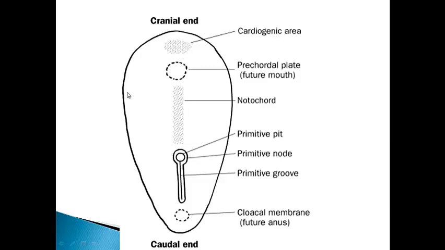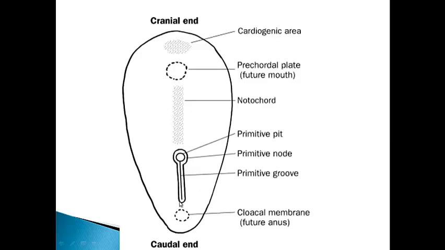And then it narrows down, and when we talk about the caudal end, we're usually talking about things closer to the lower part of the body, like your lower limbs, your pelvis, your back. This is the caudal end of the embryonic disc.